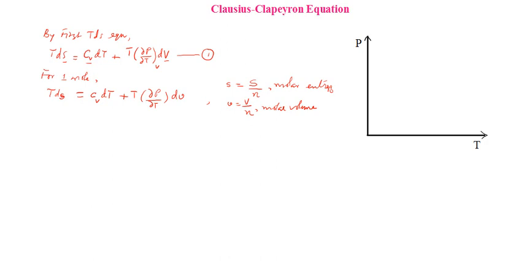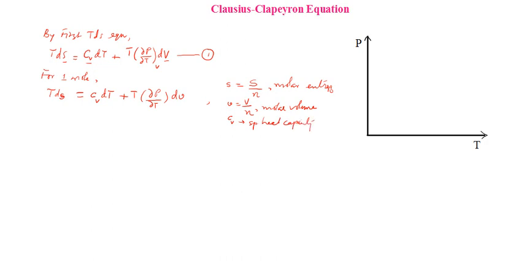The thing to be noticed is that I am taking 1 mole, though it could have been taken for unit mass also. And similarly, what is small cv? Small cv is specific heat capacity. So all three have become specific quantities.